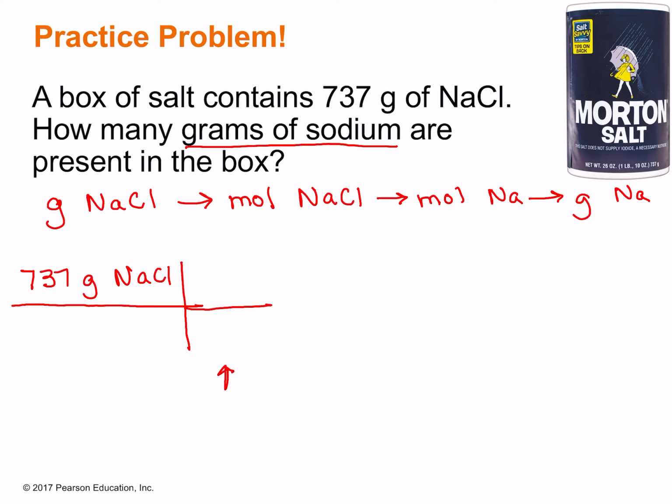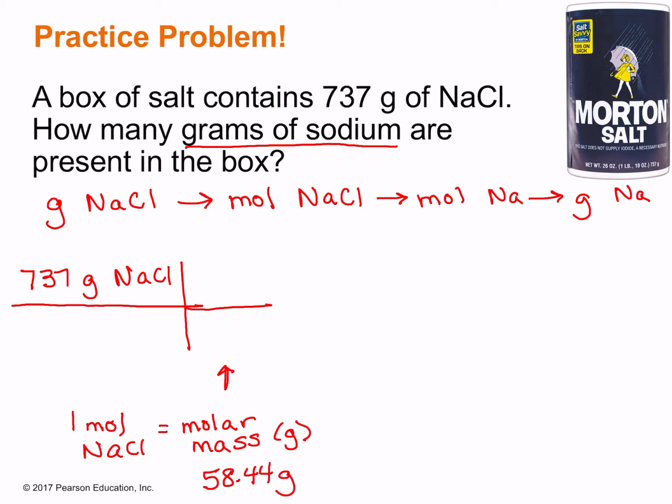So that is 1 mole of sodium chloride is equal to the molar mass. And that's going to be in grams. So the molar mass here is 58.44 grams. So the way that we got that is we add together sodium and chlorine. Since there's one of each, we can just add them up.